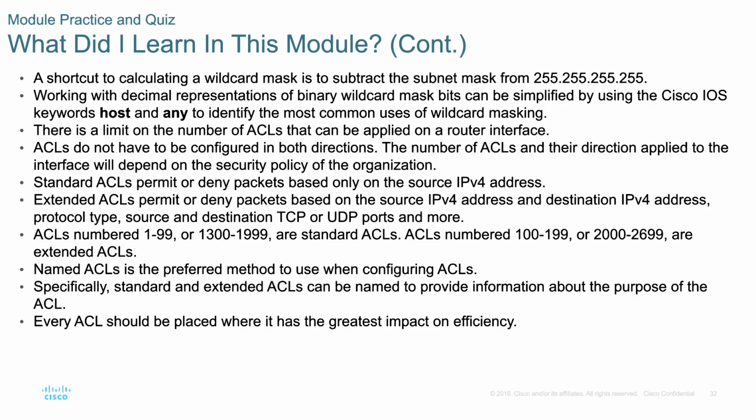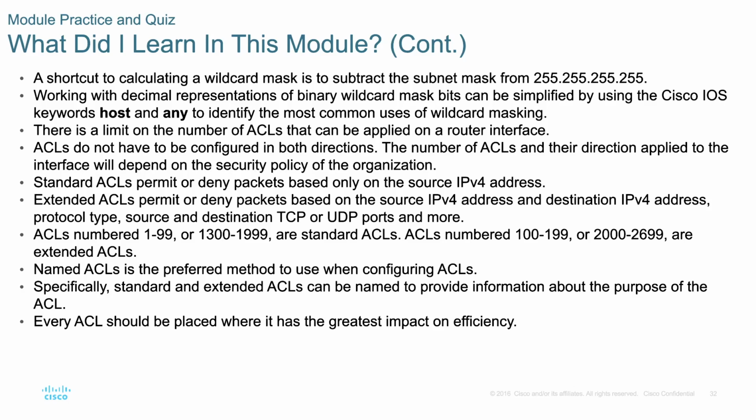Alright. Standard, close to the destination, extended, close to the source, but use a little bit of common sense in the placement of these to minimize the impact on the traffic flow. Remember, every time we inspect a packet, we increase the delay.